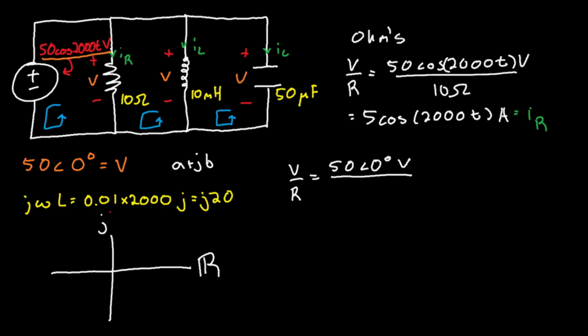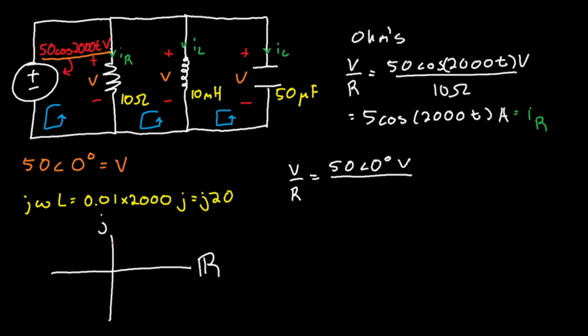Therefore, if we were to plot this onto the complex plane, and if you don't know how to do that, I have a video on that. Link will be down below. But j right here is going to have 0 as its coordinate along the horizontal axis, because there's no real number in this complex number here.